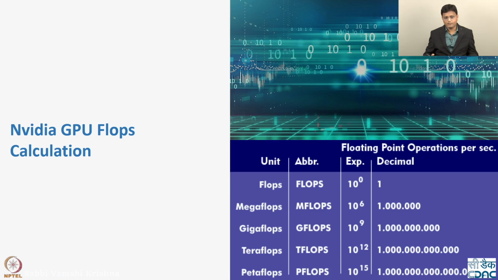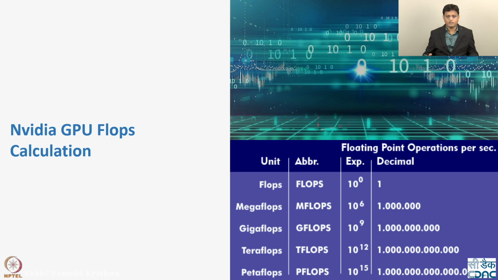The calculation of the compute capability is important to know the actual capabilities of the underlying GPU. It will give you an idea of what kind of performance you can expect from that GPU.